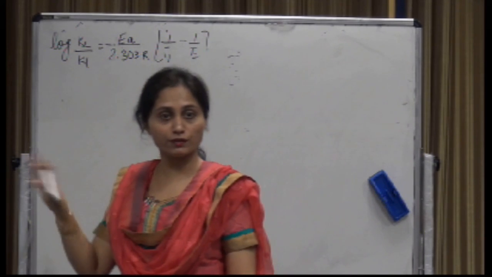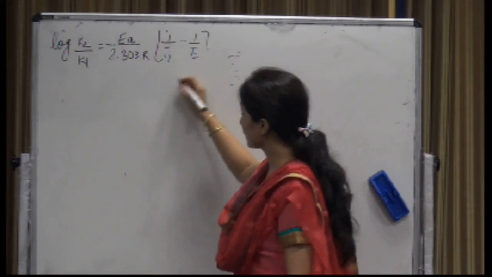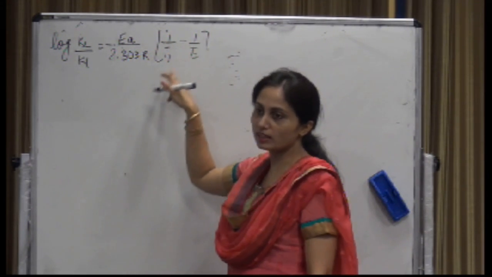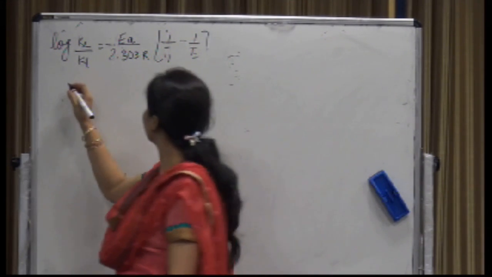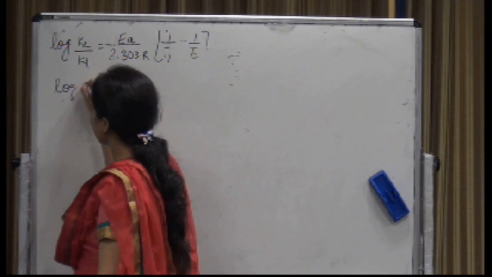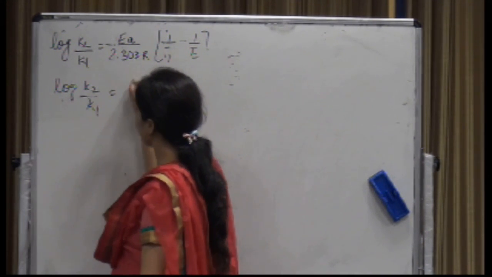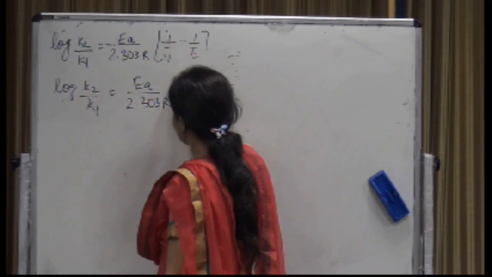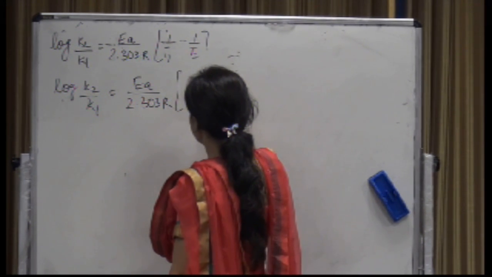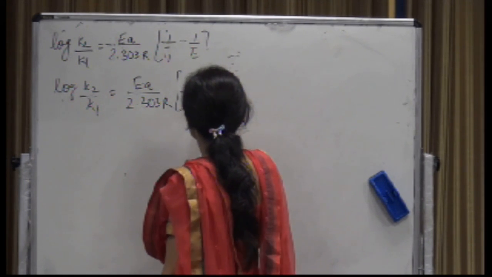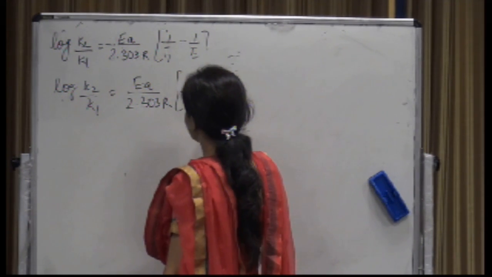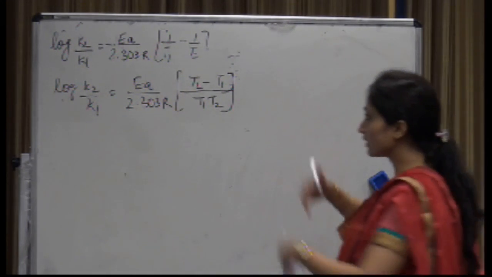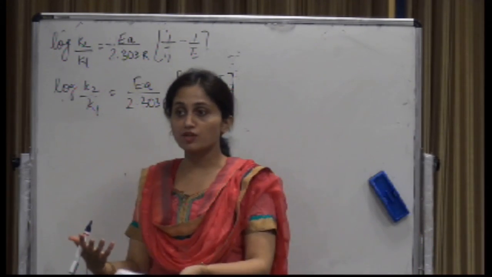Very good. So this is nothing but T2 minus T1 upon T1 T2. So this is also another form in which it is given sometimes in the expressions of MCQs, that this is equal to T2 minus T1 upon T1 T2. So these are the various forms of your Arrhenius equation that you can remember.